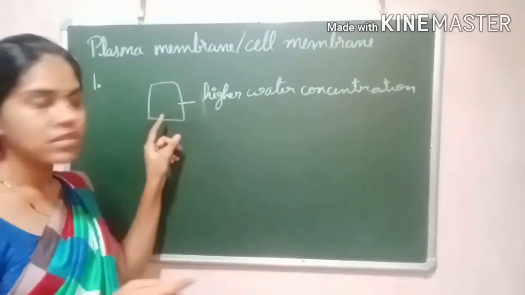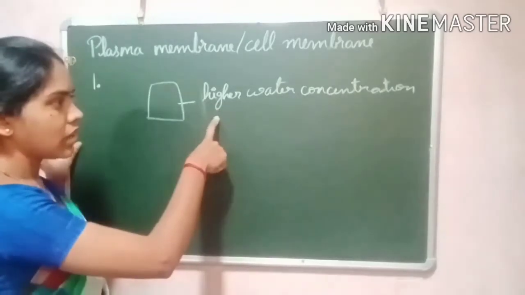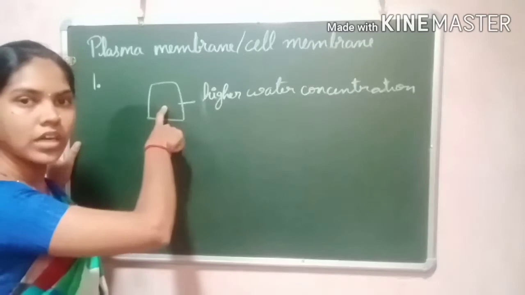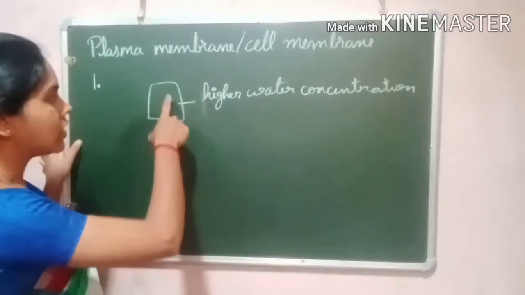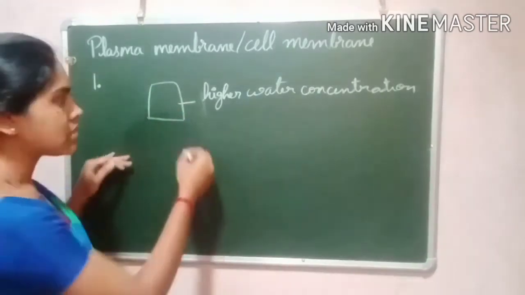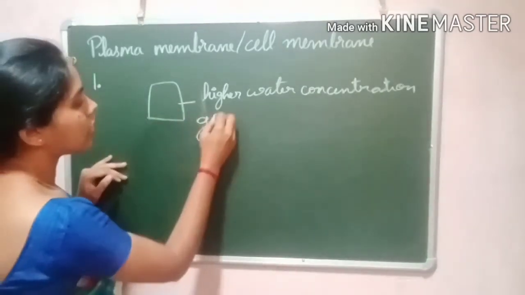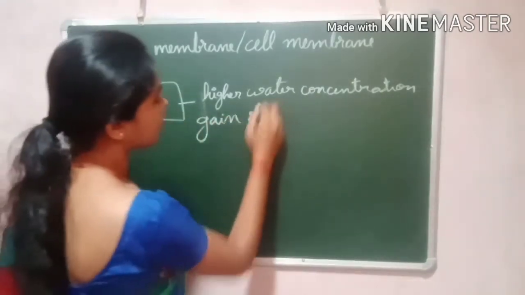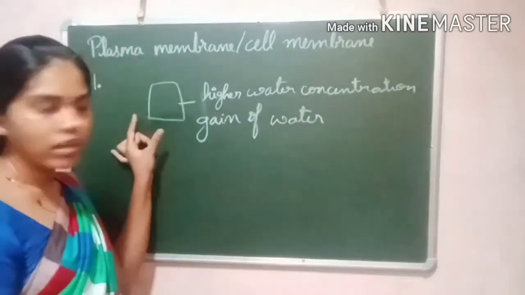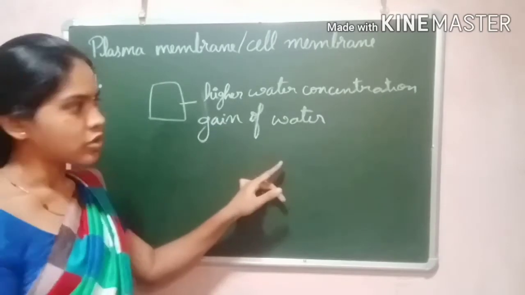That means the outside surrounding medium is dilute compared to the concentration of water inside the cell. What happens? There is gain of water. The cell will gain the water by the process called osmosis.